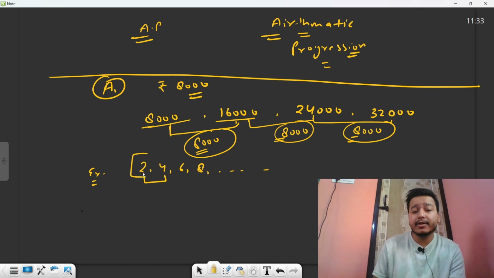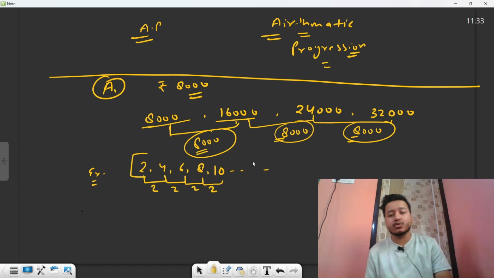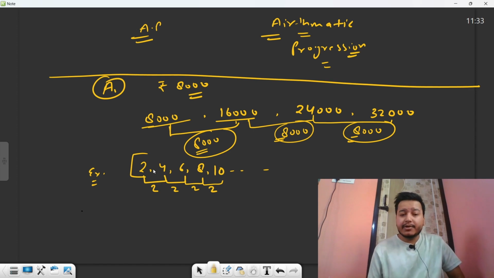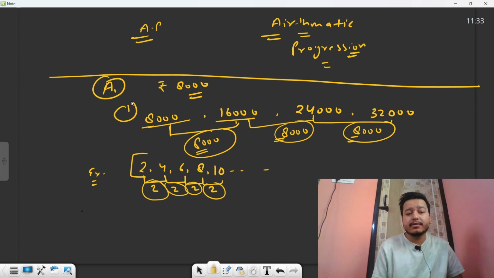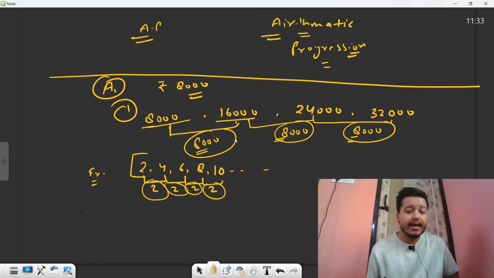So what is the gap between 2 and 4? It is 2. What is the gap between 4 and 6? It is 2. What is the gap between 6 and 8? It is 2. And the next number will be 10. What is the gap between 8 and 10? It is 2. So we find there is a fixed gap between two numbers, and the fixed gap here is 2.